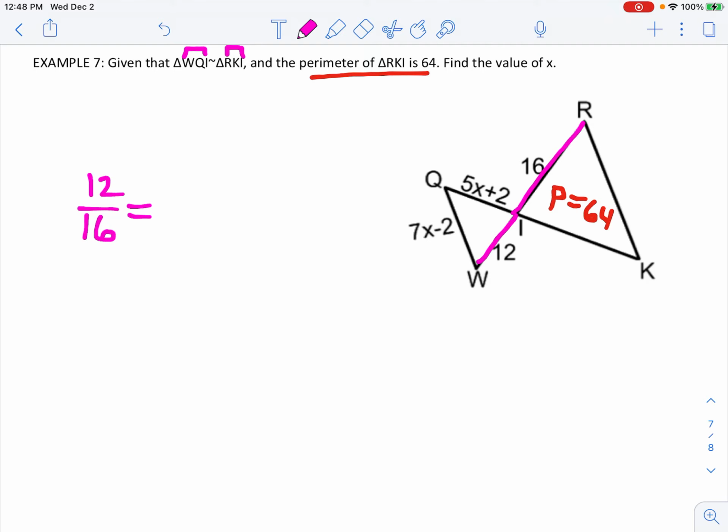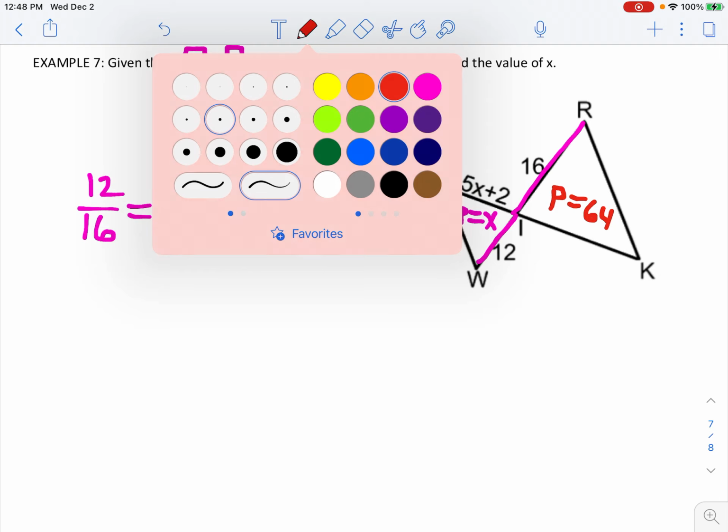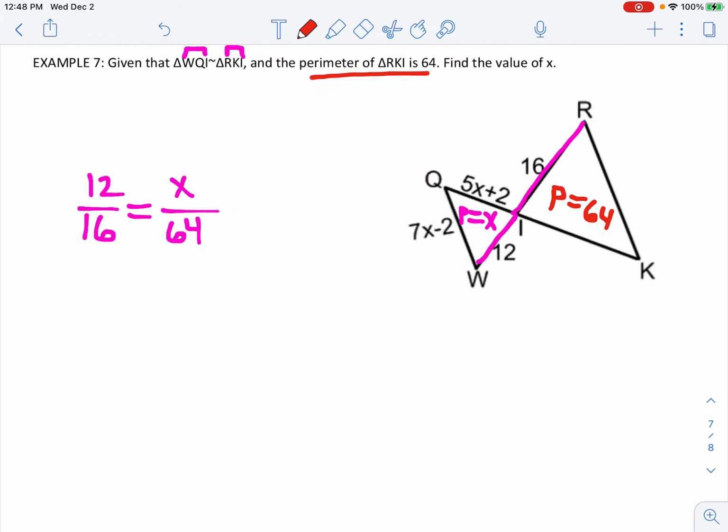Now, I'm going to do some work to find the perimeter of my second one. The perimeter of the second one, I'm not sure what it is, so I'm just going to call it X. The perimeter of my second figure was 64. All right, so we did side over side. We did unknown perimeter over 64.